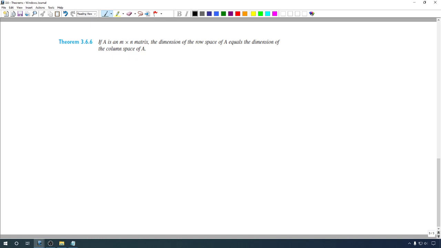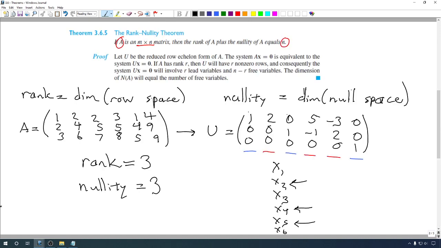So each of those leading ones does in fact give us a basis vector for the column space. Not exactly straight from the matrix U, but we had to take those positions of 1, 3, and 6 and take them back to the matrix A. We did that back in our example video.